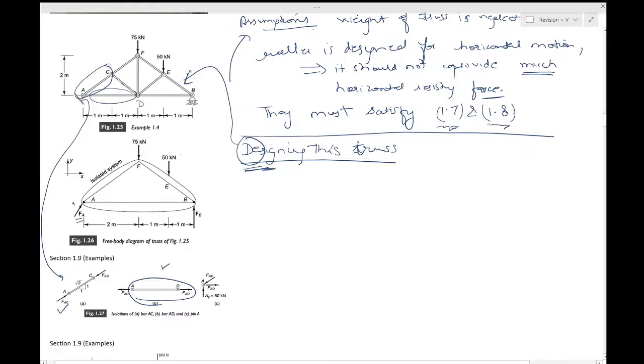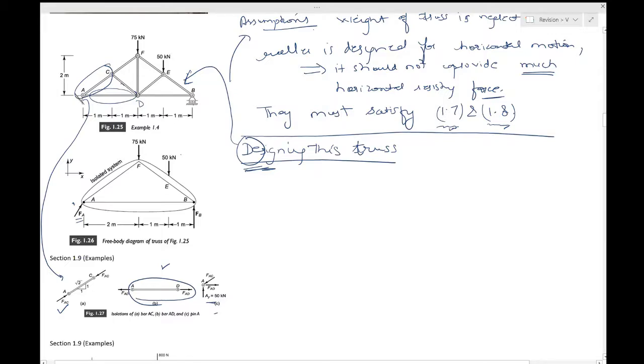Same over here, and in figure 1.27c we have just taken the pin A. Okay, this is the pin A. So on this pin A you should have a force FAC, you should have a reaction force AY, and you have a FAD which is acting over here.